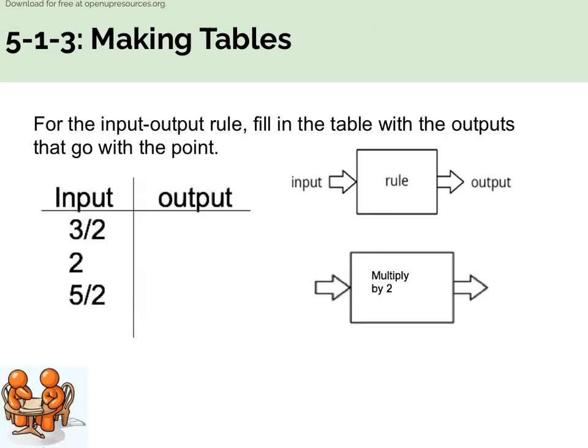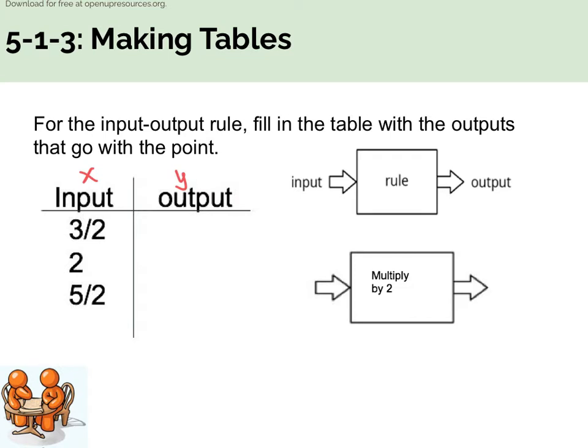To help us out, this introduction is not in your workbook, but think about it so we understand what we're looking for. Notice it says, for the input-output rule, fill in the table with the outputs that go with the point. I have a table, and technically we can think of the input-output as an x-y table.